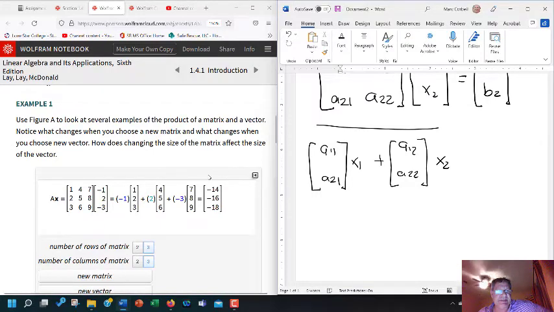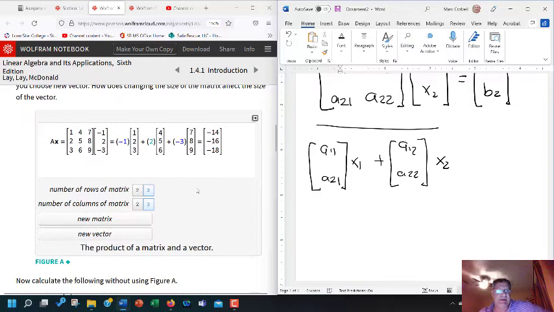Which is very similar to the example they gave you here, where they have AX equal to 147, 258, 369, and they're multiplying it by minus 1, 2, minus 3. So when they do that, they're taking the minus 1 out and multiplying it by the matrix here.